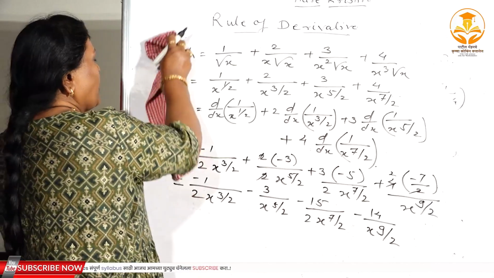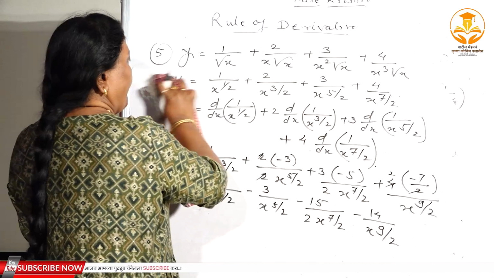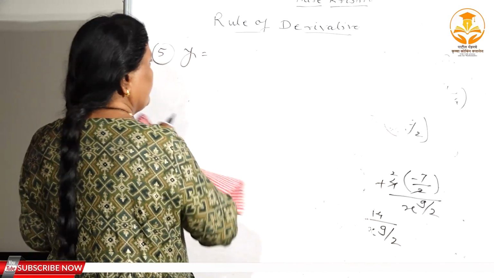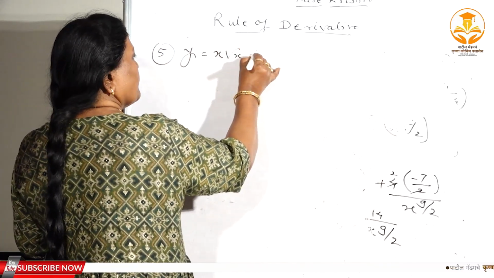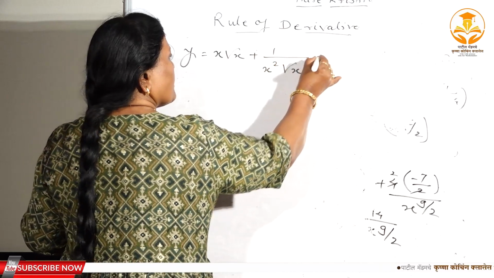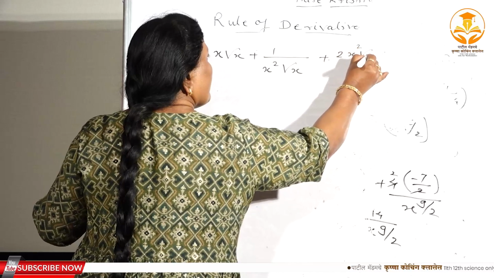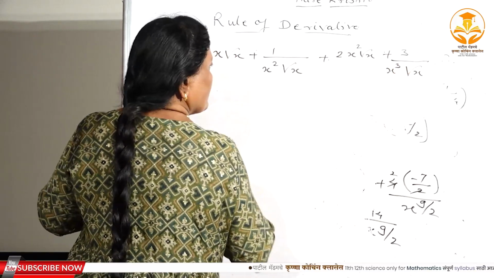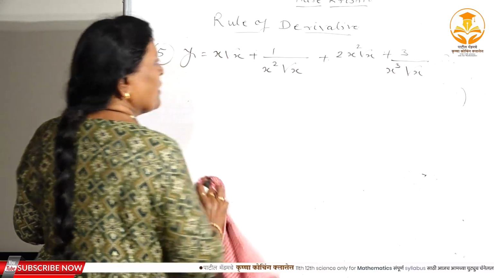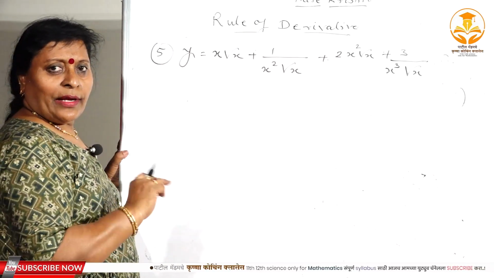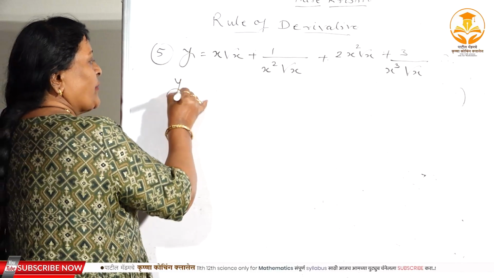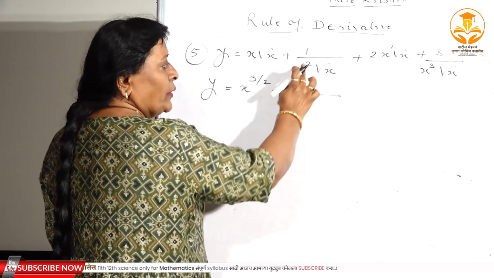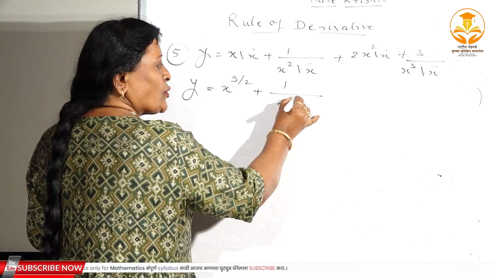Again, the last example I will take, the fifth one. Say, 1 upon x square root x, 2x square root x, 3 divided by x cube root x. Take this problem. Now if you look, sometimes there is a power above, sometimes a power below. Here also students get confused. y is equal to, say, x power 1 1/2, meaning x to the power 3/2. Here again 1 upon x to the power 2 plus 1/2, 2 into 2 is 4, so x to the power 5/2.